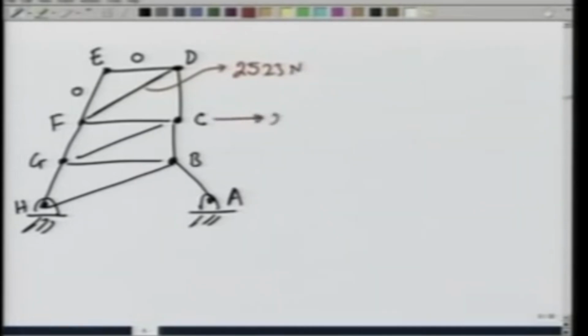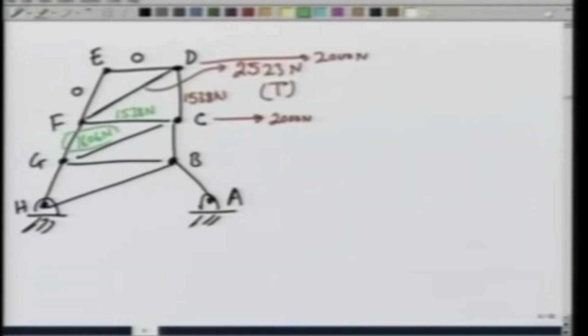This is of course loaded with 2000 newtons this way and 2000 newtons this way, and this force is tensile because it pulls down. Similarly, now we have found F_DC, this force, which is 1538 newtons. We have found F_CF, which is also 1538 newtons, and we have found F_FG, which is 1606 newtons, this force. Similarly, now I can go on.